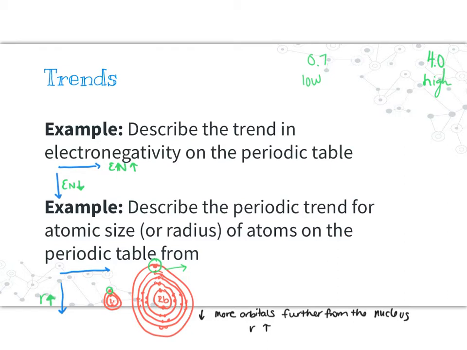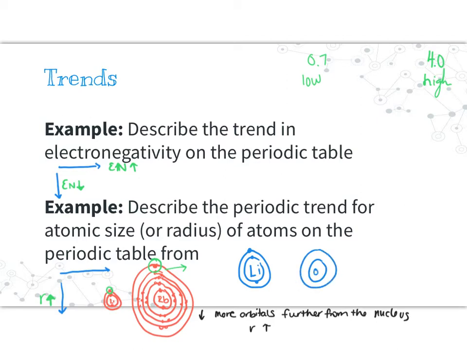So let's compare an element like lithium and oxygen. Again, we're going to draw lithium. I'm going to do it a little bit bigger this time. And oxygen. I want to try and make them the same size just so that it looks similar for everybody.